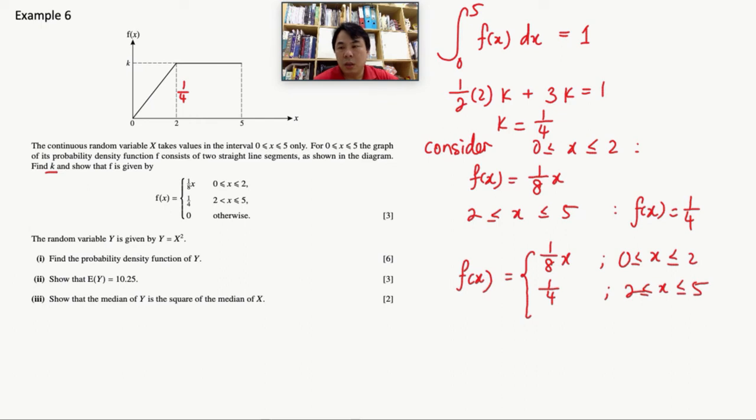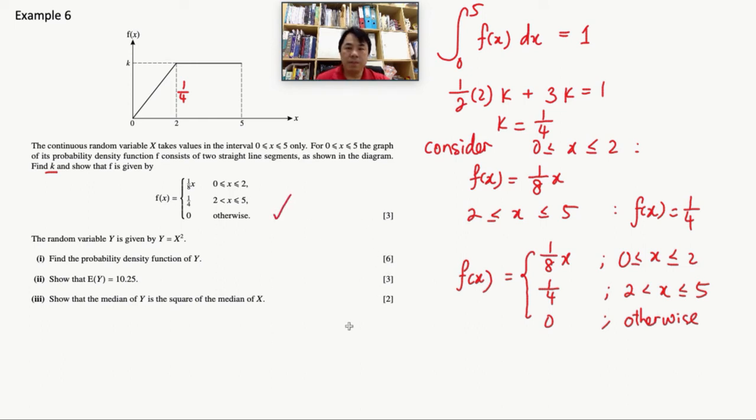So to ensure continuity, usually we prefer to write separately. If you'd like to represent the first part with the equal sign, then for the next one we should drop the equal sign, so it should be x less than or equal to 5 here. And finally, of course, it'll be 0 because this graph only exists within this domain, for any other value. Okay, and then there you have it. We managed to prove this, and then we are done.